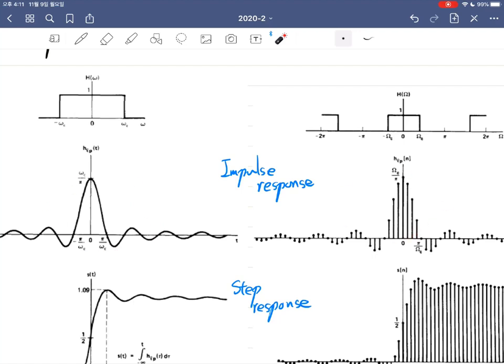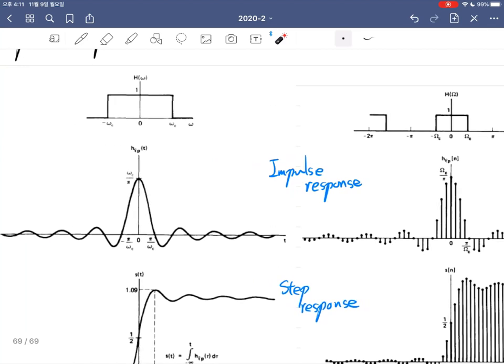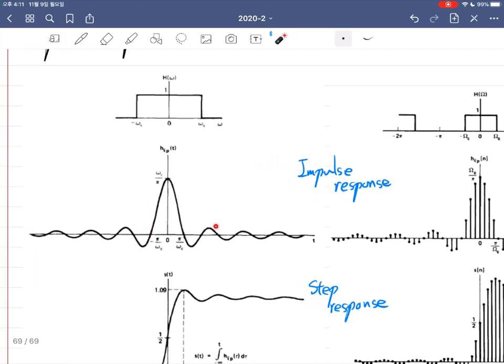And if you carefully examine these two functions, they are even functions, right? They are symmetric with respect to the y-axis for both. And also they are not causal. It is a non-causal system for both continuous time and discrete time. I will write that down soon. And we have an infinite number of values.